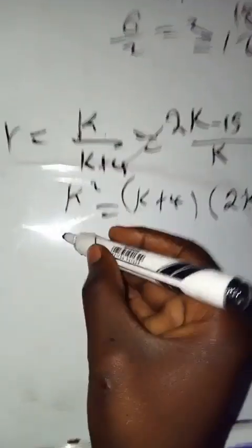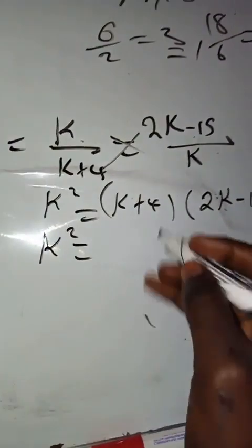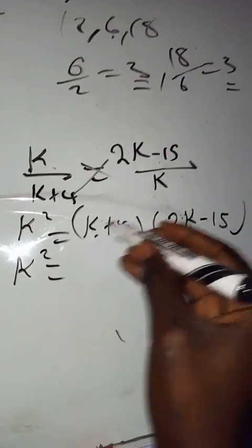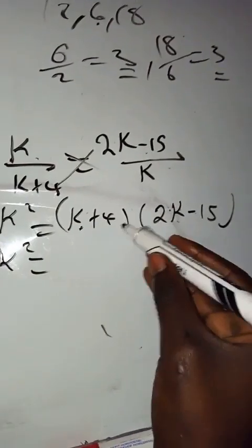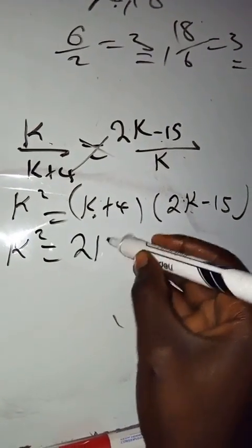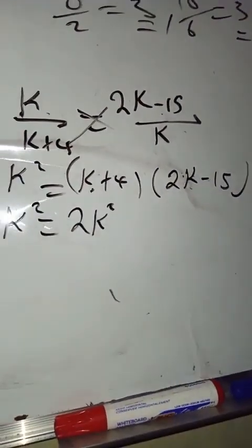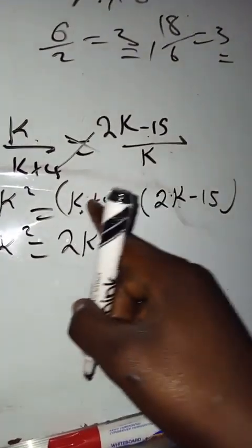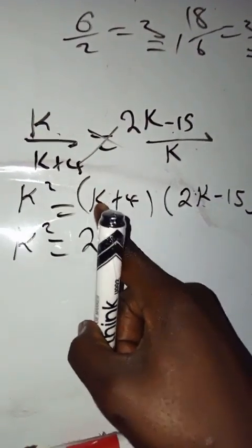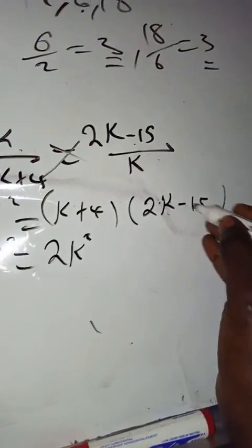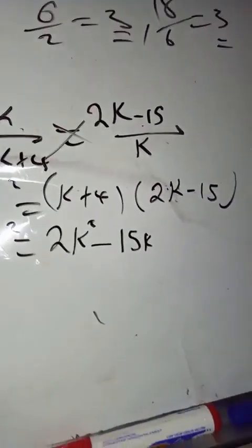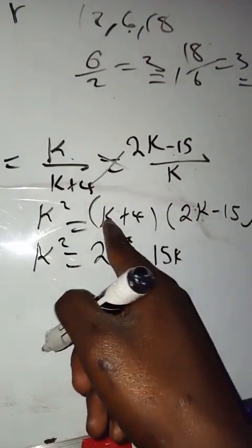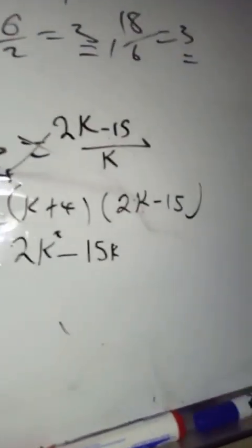And therefore, K squared will equal what? This must multiply with everything inside here. So I'll start with this. K times 2K. That will give me 2K squared, right? And then again, K times this, then K times 15, there's negative there, to be 15K. So I've multiplied K with everything inside the brackets there.